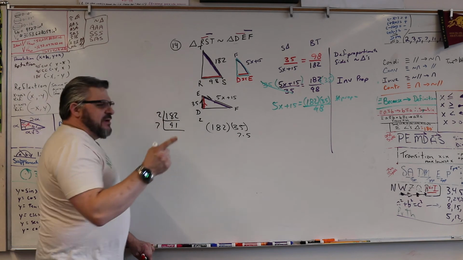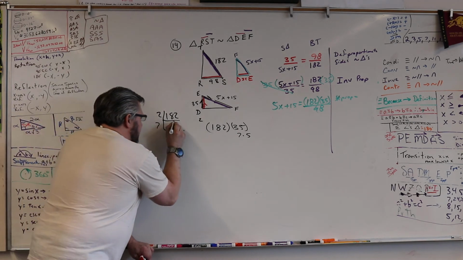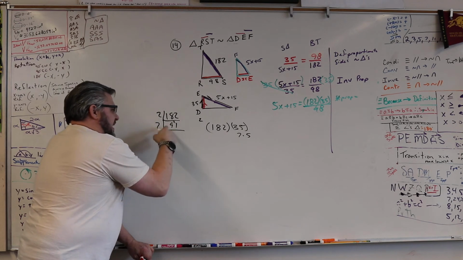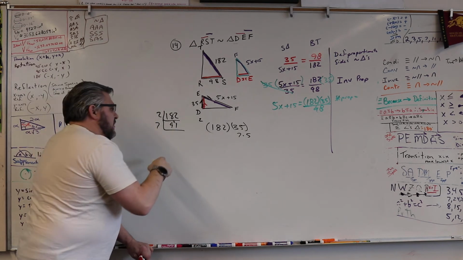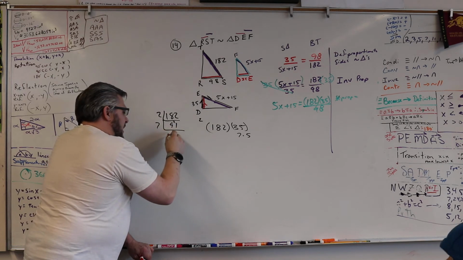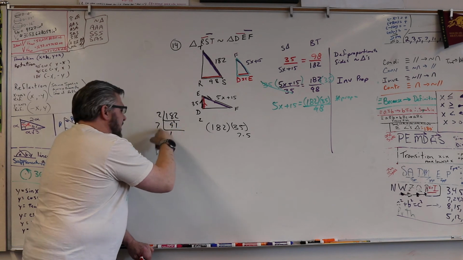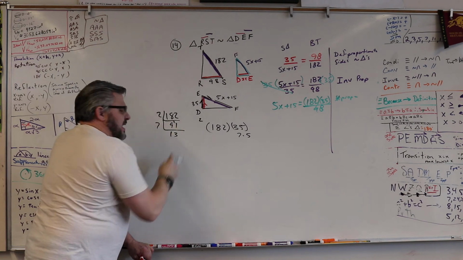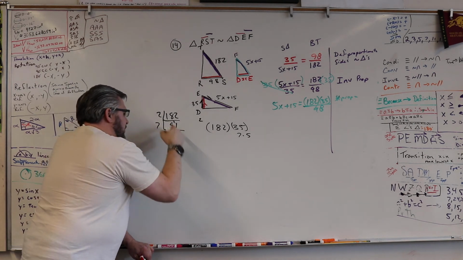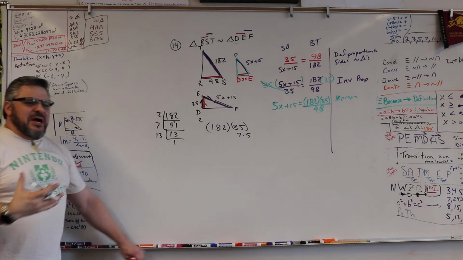The reason I knew 7 did is I said 7 goes into 9 once with 2 left over. Definitely write this down. So 7 goes into 9 once with 2 left over. 7 goes into 21 3 times. So 91, that's why it's such a nasty number, is it's 2 primes.